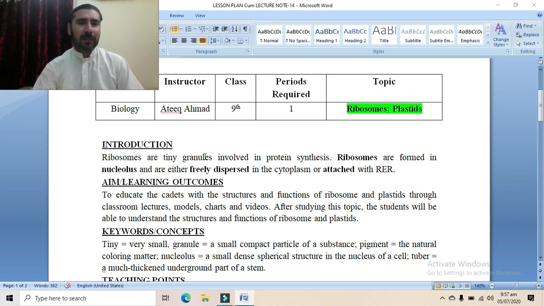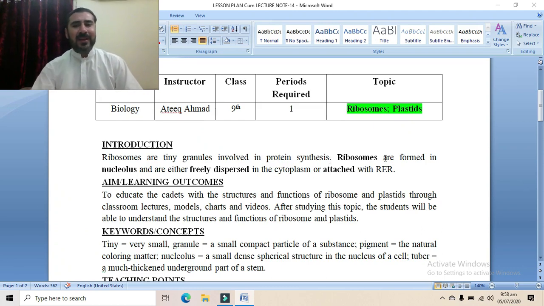In biology, anything which is very small, just like grains, that structure is called granular. So ribosomes are tiny granular structures which are involved in protein synthesis. Ribosome is called protein synthetic machinery because it synthesizes proteins for the cell.